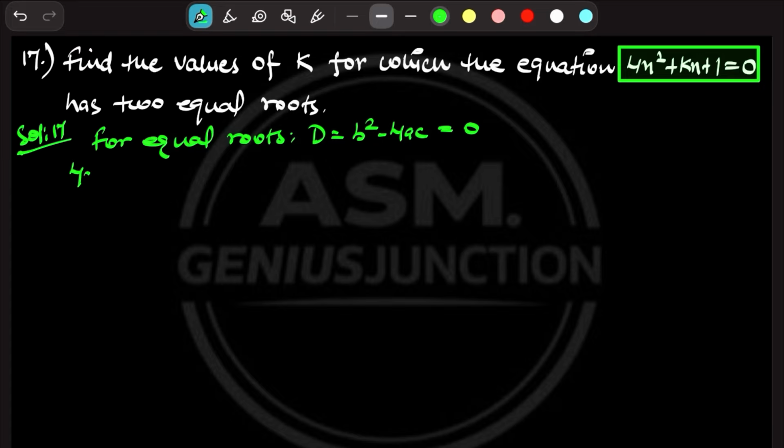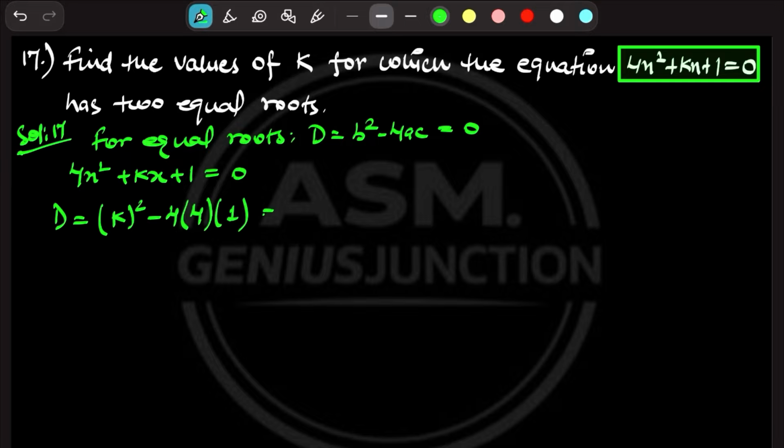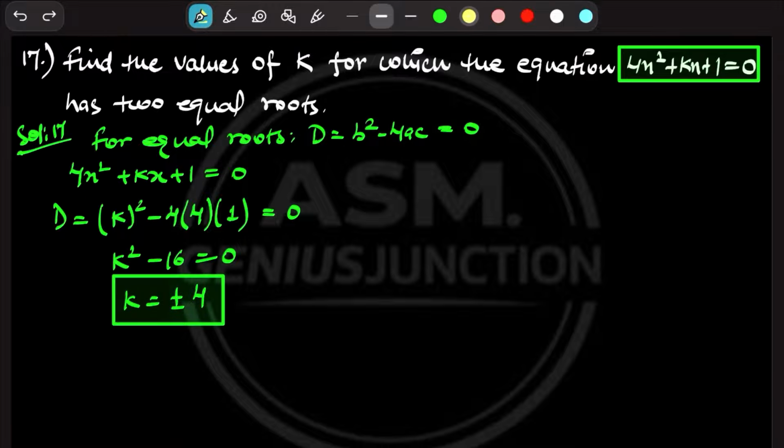So this is your equation 4x square plus kx plus 1 equals 0. So I will write D equals b square, that is k square, minus 4ac equals 0. Then I will write k square minus 16 equals 0, and we get k equals plus minus 4.